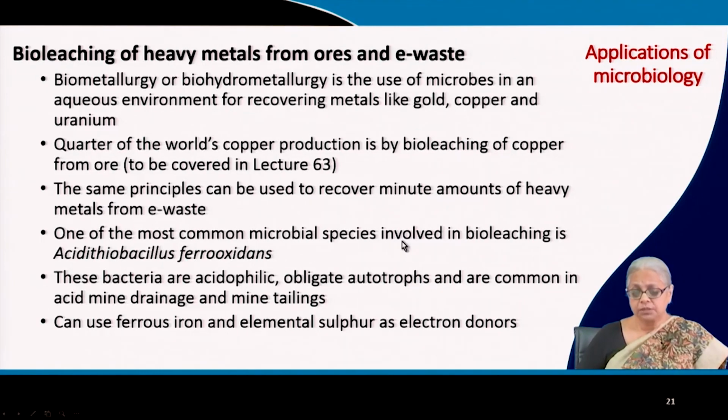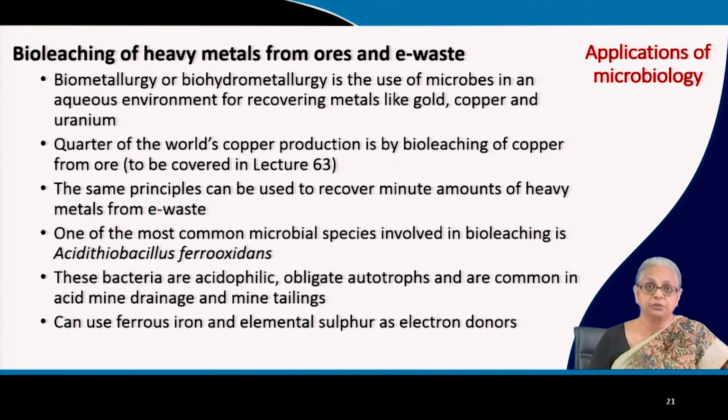One of the most common species that has been used in bioleaching is Acidithiobacillus ferrooxidans, and these are acidophilic bacteria. They are obligate autotrophs, and they're very commonly found in acid mine drainage and mine tailings.